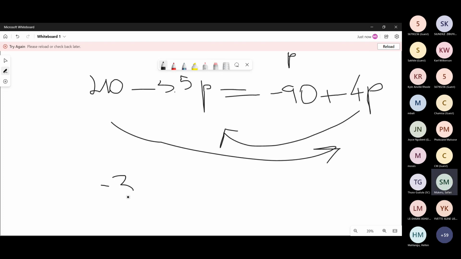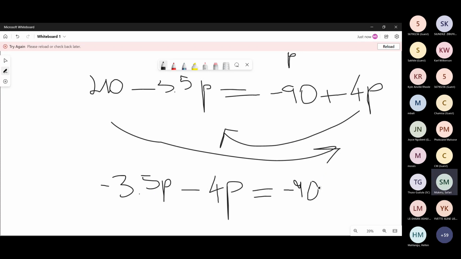Negative 3.5P, minus 4P. This 4P comes here, it changes the sign. Clear? Equals, please, who can continue? Minus 90 plus 210.